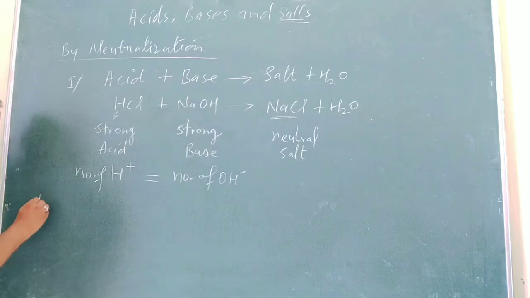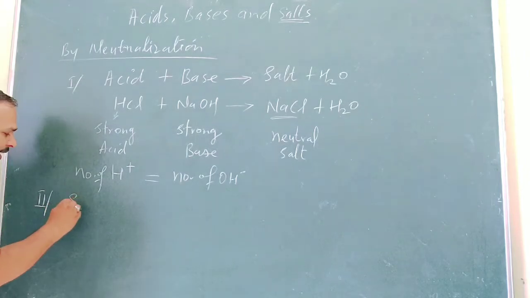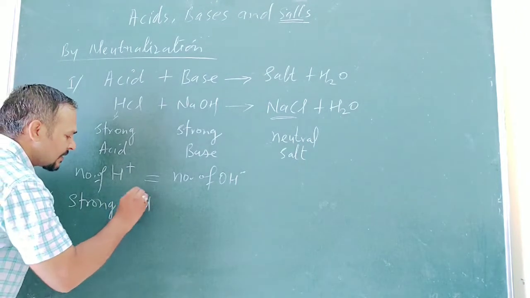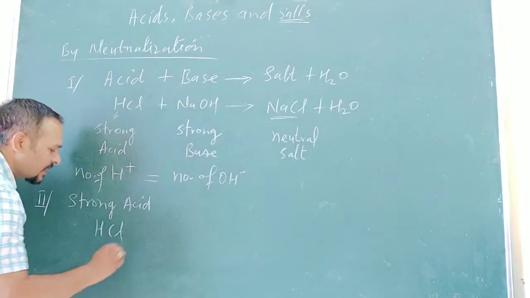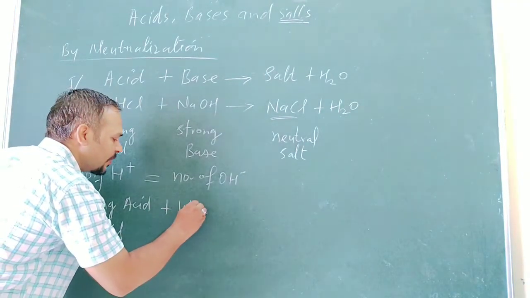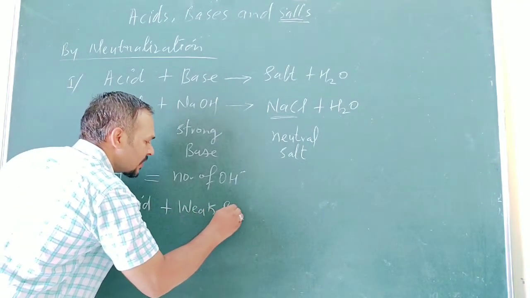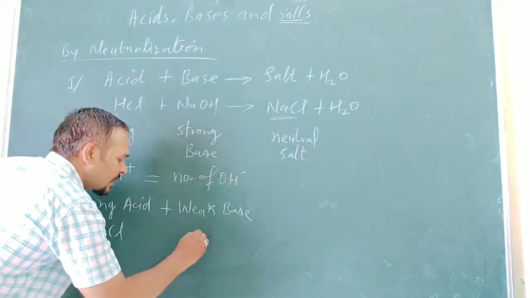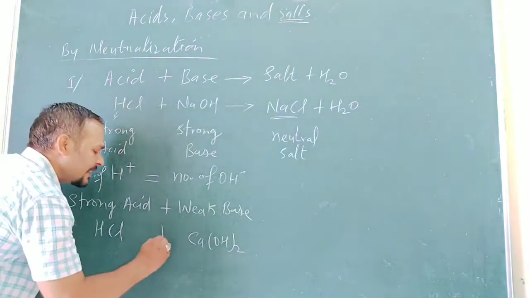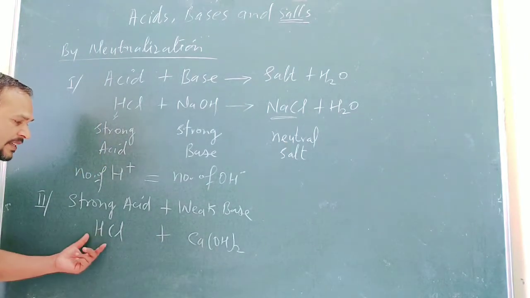In case number 2, suppose you have a strong acid, for example hydrochloric acid, and a weak base, for example calcium hydroxide. Clear? When they react, what is happening in this case?